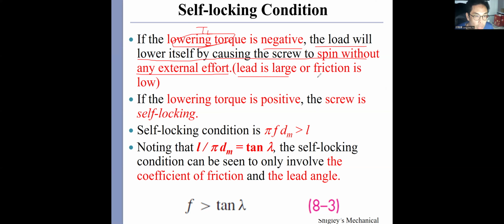So what situation makes the loading torque negative? That means the lead is large. What is the lead? It's the distance between point A and B. Remember that. Or the friction is low, meaning the friction between the screw surface and the nut element is low. That means the TL might be negative.